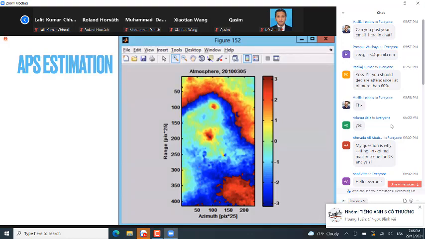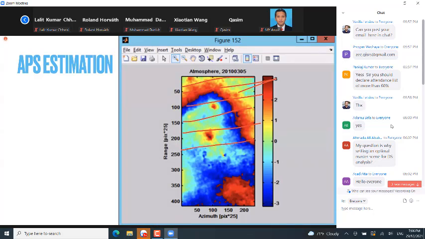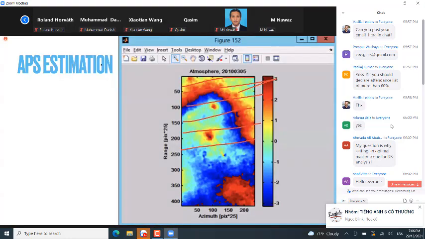What would be bad is if, for example, the colors would change along one direction, which we would call a phase ramp. That would not be natural. There would be an indication for another error. If it's all directly in one direction, all in range or all along azimuth, that would be rather strange.